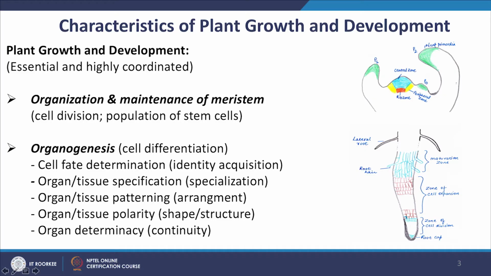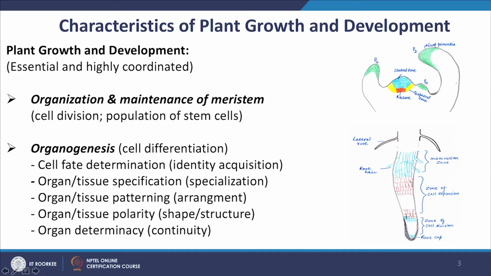Then the next thing being ensured is patterning. The tissues are always patterned in a proper manner; there is a fixed pattern of the tissues. For example, epidermis is the outer layer, so it will always remain the outer layer. The layer just below the epidermis has to be cortex or hypodermis, depending on the tissues.